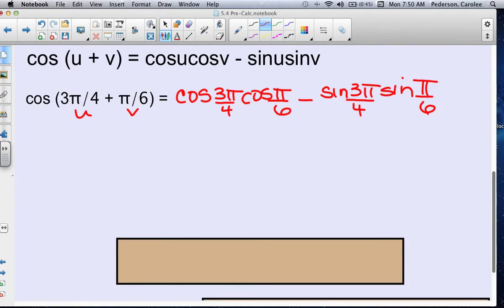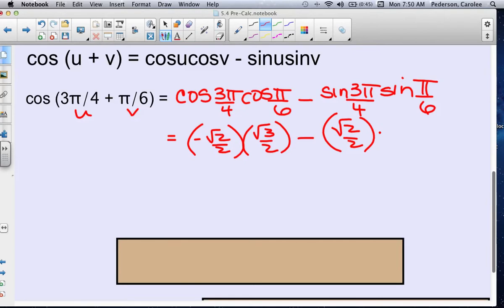So the cosine of 3 pi over 4 is negative square root of 2 over 2. The cosine of pi over 6 is square root of 3 over 2, minus the sine of 3 pi over 4 is square root of 2 over 2 times the sine of pi over 6, which is 1/2.